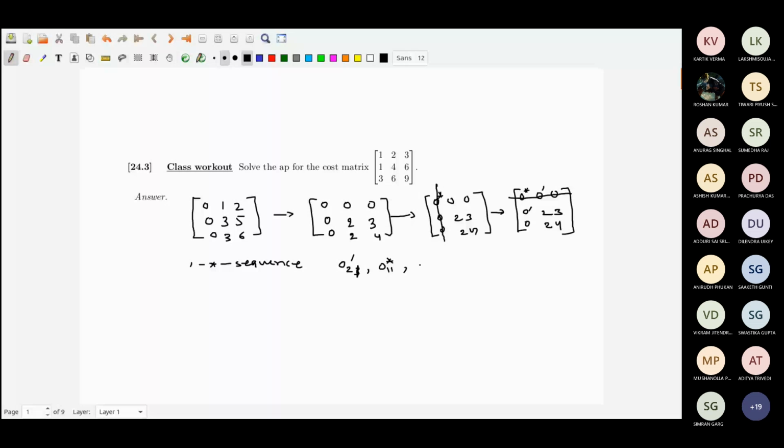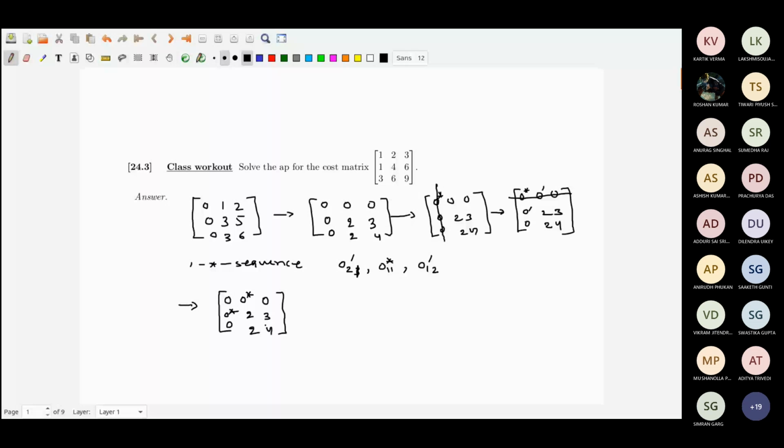After that, you make the primes in this sequence star, and the star you erase, so that the next matrix you get is 0, 0 star, 0, 0 star, 0, 2, 3, 2, 4, and then again apply your star prime algorithm.